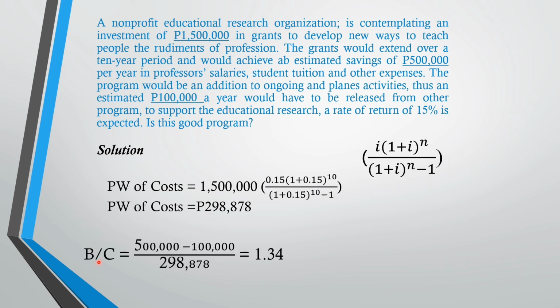So the benefit cost ratio is the benefit, which is 500,000, minus the disbenefit 100,000, over 298,878, which is equal to 1.34. So in conclusion, the project is good.